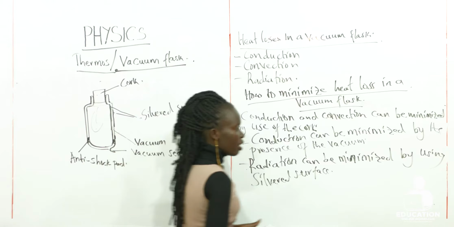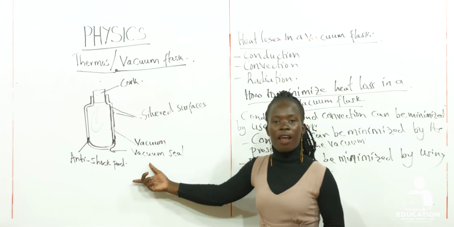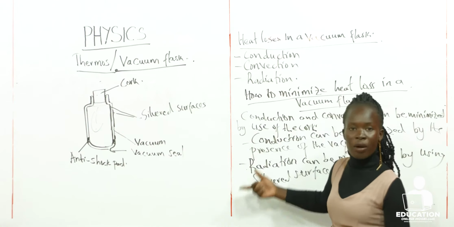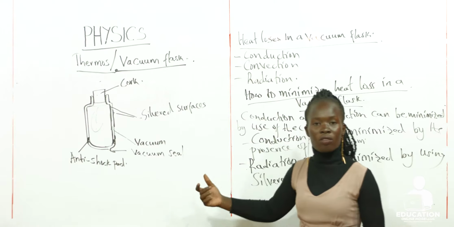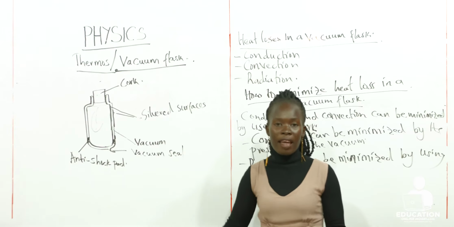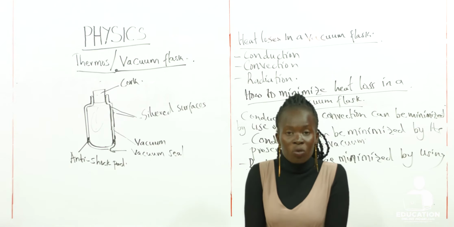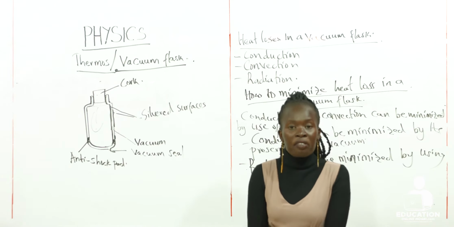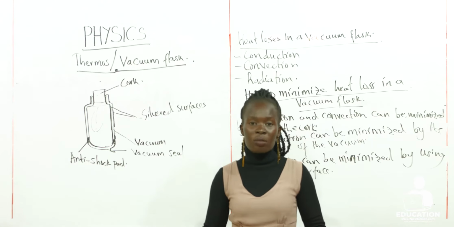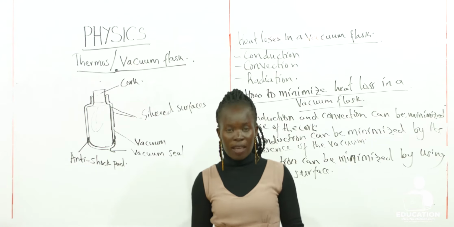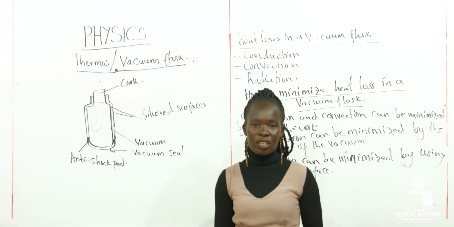So you see that the design of the vacuum flask alone allows us to reduce these kinds of effects, so the liquid kept in it will remain the same way. But when you keep your liquid there, it will still cool after a long period. Why? Because however much you try to minimize this heat loss, there will still be escape of energy.